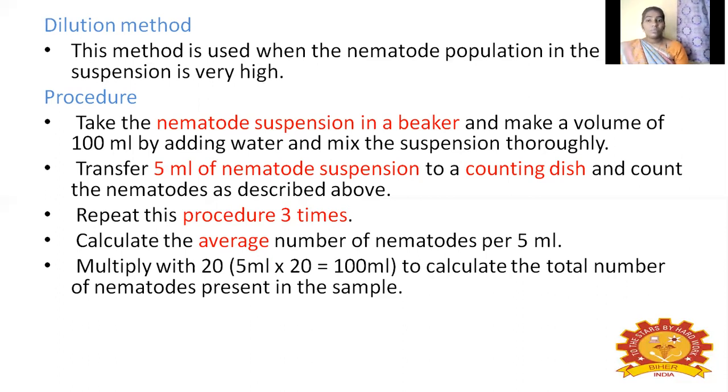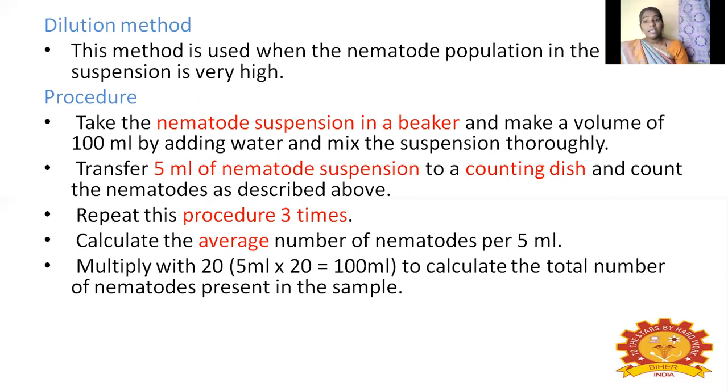Sometimes cyst nematodes can also be seen on the root area or inside the root. For that we need to collect the sample from the root or the plant pot. That plant pot or root should be washed thoroughly and we have to see it under the microscope. So this is the process for counting the nematode.